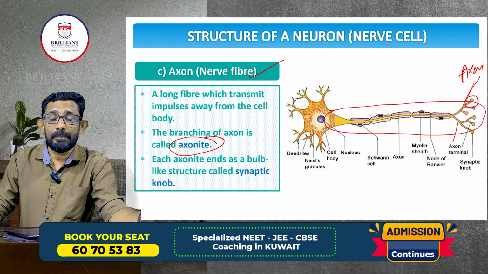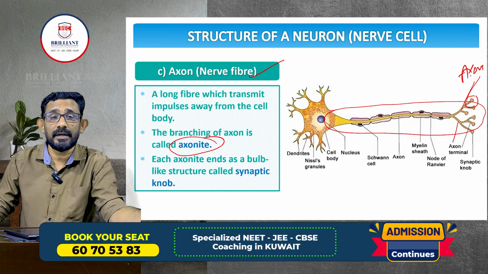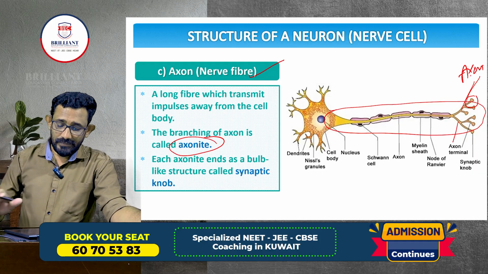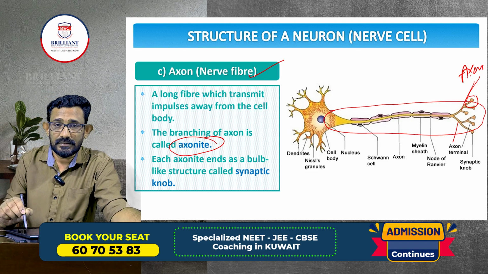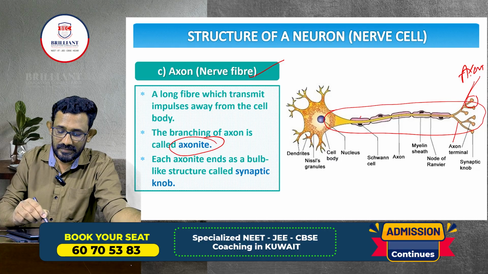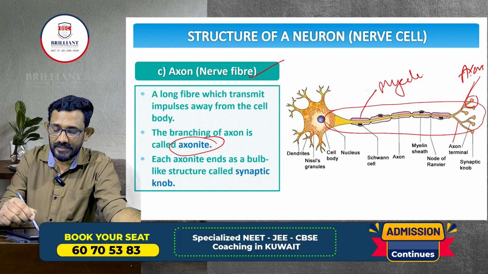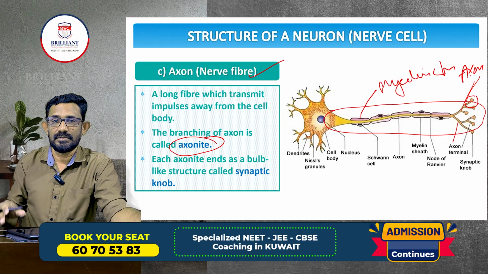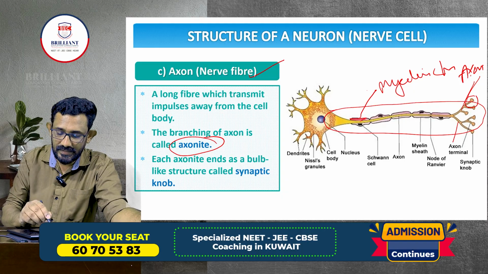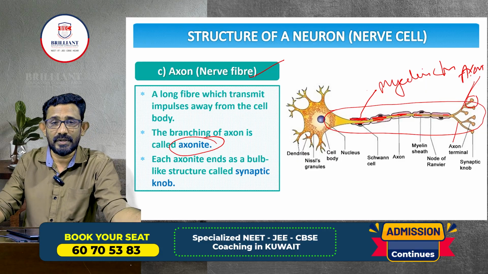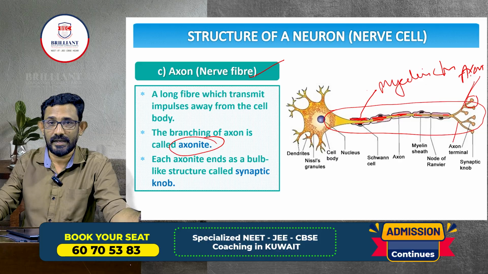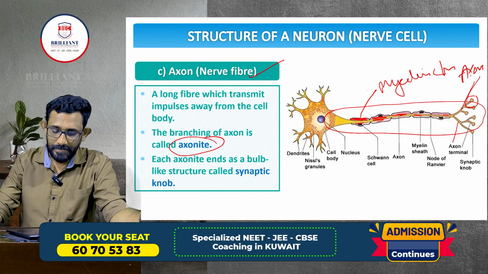Hope you remember the three parts of the neuron. First part is known as cell body, second part is known as dendrons, and third part is known as axon. While discussing this axon, see here there is a covering protective layer. This is called myelin sheath. Actually it's an insulator, like our wires are covered by insulators.